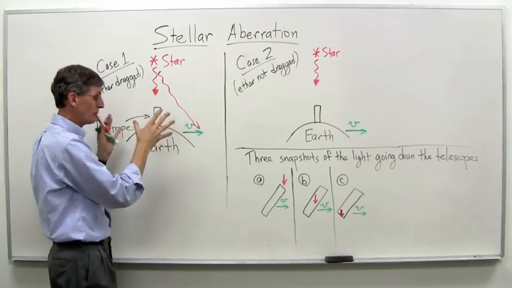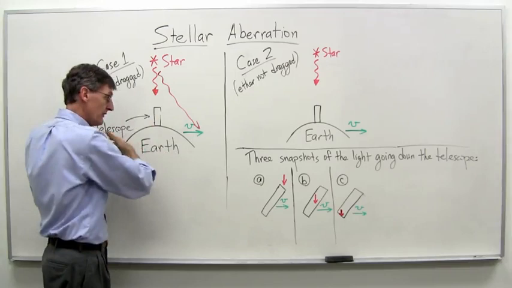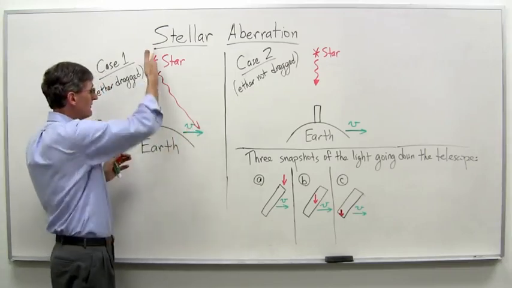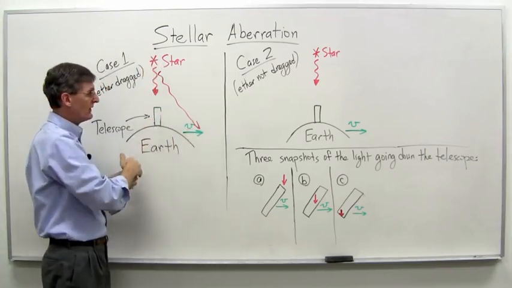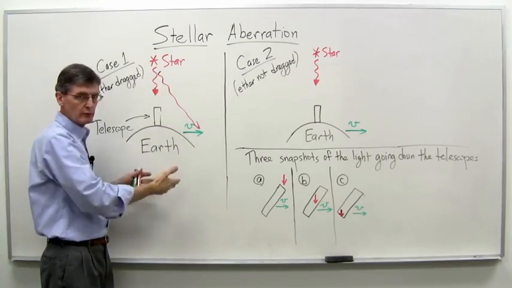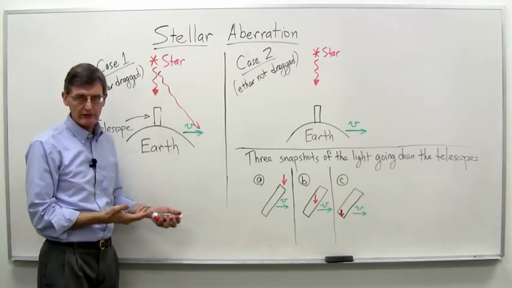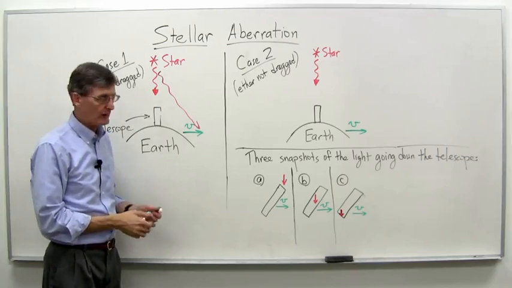But as far as the observer on the Earth is concerned, since they're moving with the telescope, the starlight just comes straight down and follows the moving ether, follows the moving Earth, and we don't have to do anything with the telescope. We just point at the star, and it works fine.